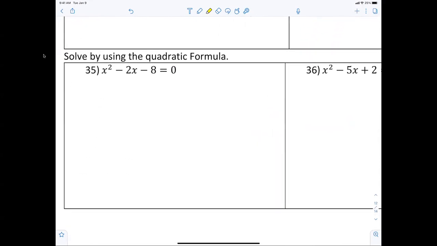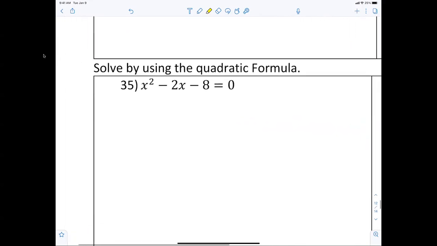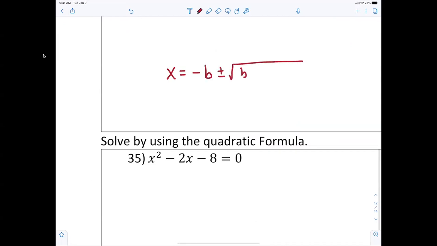Now, the annoying part was the quadratic formula. So again, something that you definitely want to know. X equals negative b plus or minus the square root of b squared minus 4ac all over 2a. That's referred to as the quadratic formula.